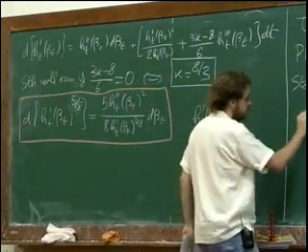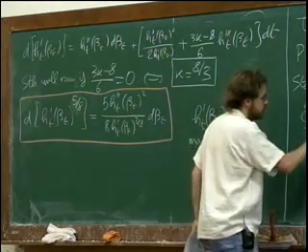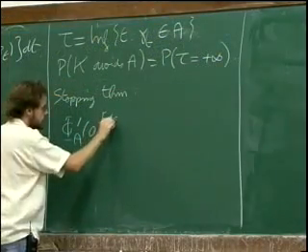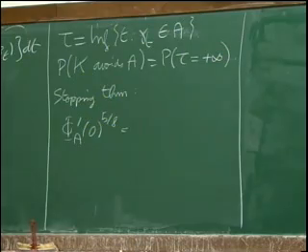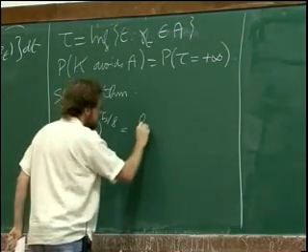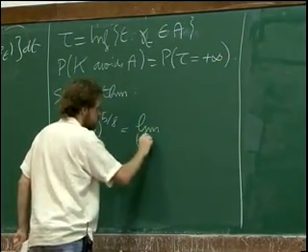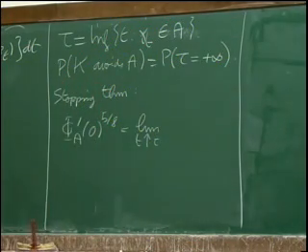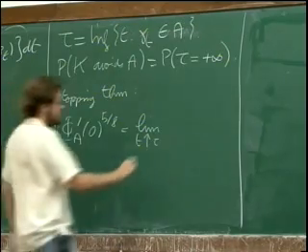So it tells me phi_A prime of 0 to the power of 5/8 is, say, the limit as t goes to tau of the expectation of this.